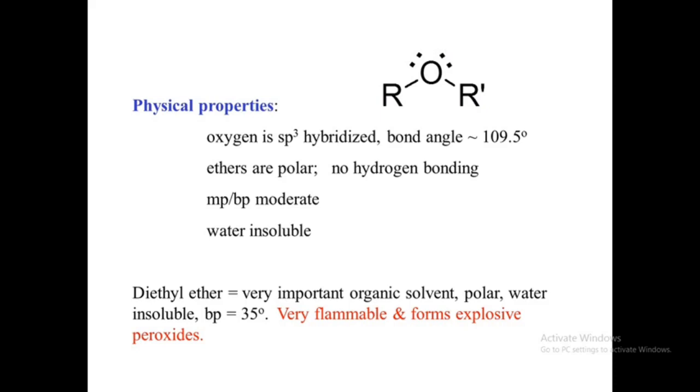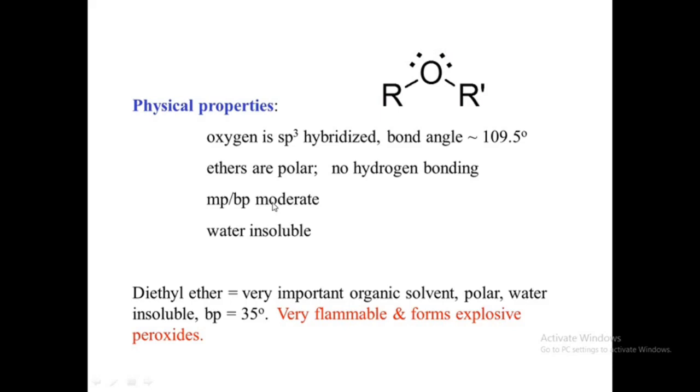Ethers are generally polar due to the electronegativity of the oxygen atom, and since the oxygen is not bonded with a hydrogen atom, ethers have moderate melting and boiling points.